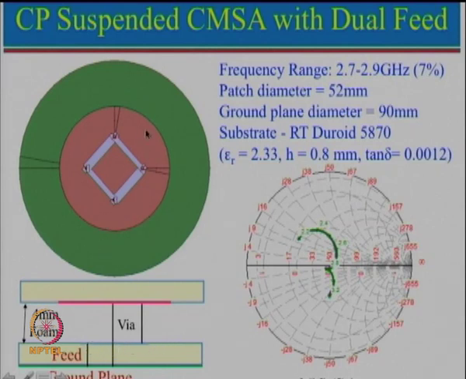So this grayish color comes over here, you can see that is getting merged with this line over here, and then we are feeding at these two ports here, port 1 or 2. So that is port 1 corresponding to this over here, and this is the other port. So depending upon, again, whether we feed here or here, we can change LHCP to RHCP or RHCP to LHCP.